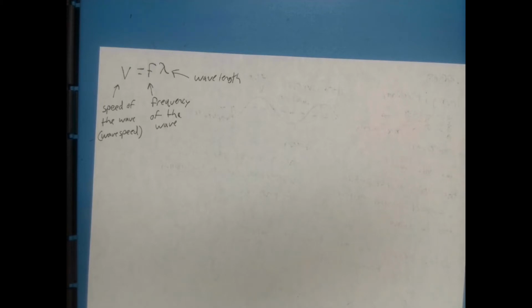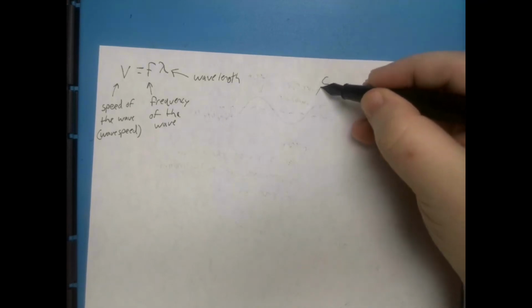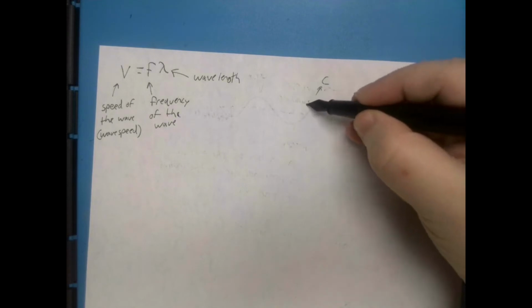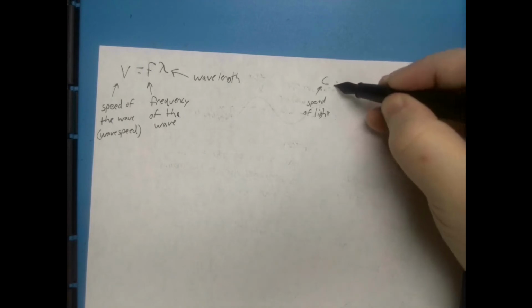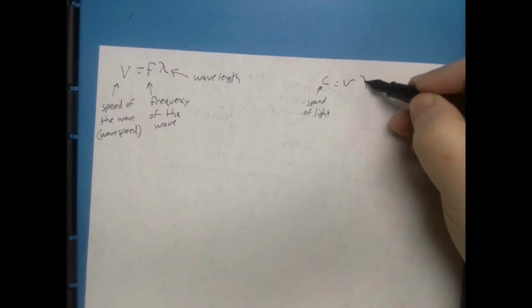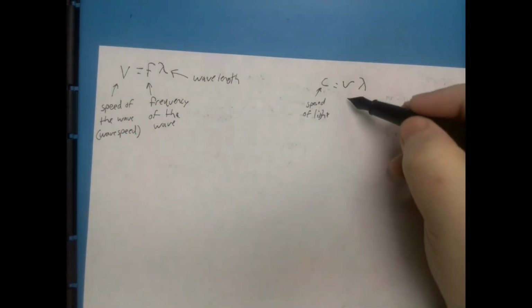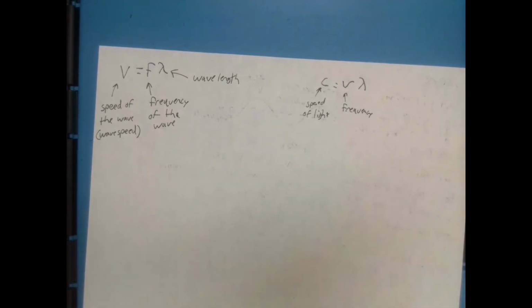They usually only use it for speed of light. So we'll do electromagnetism later, but the speed of light has a special constant. So this would be speed of light. Do not write this down. And then we have frequency times wavelength. This is how they write frequency. You might notice it looks slightly different.